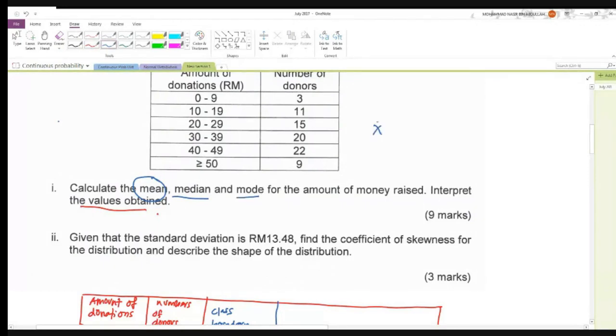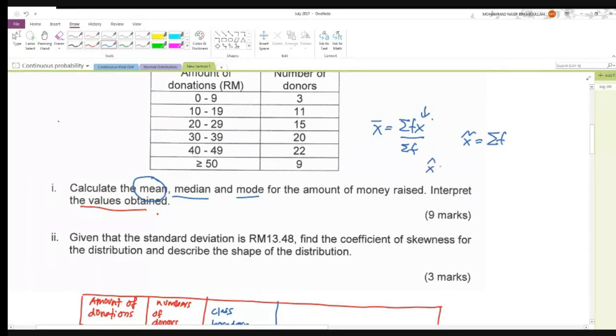What is the requirement of mean? Summation of fx divided by summation of f. So you need to have a midpoint here. For median, you need to have a summation of f, which is a cumulative frequency.